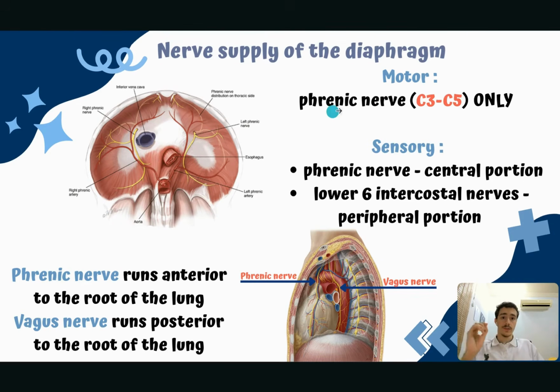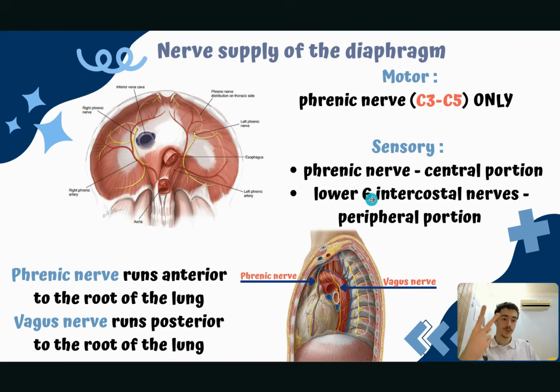The phrenic nerve is very important for two things: motor, which is action, and sensory, to feel. The phrenic nerve from C3 to C5 is the motor supply of the diaphragm, for its function. And we have the sensory.